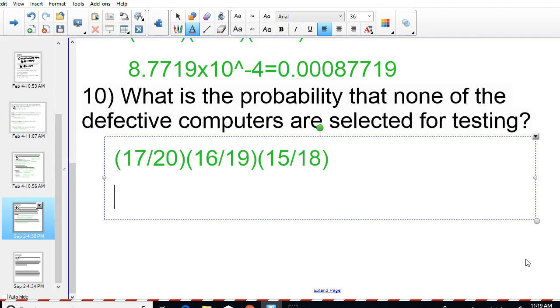So 17 out of 20 times 16 out of 19 times 15 out of 18 is going to give you 0.596. So you've got almost a 60% chance that you wouldn't catch any of them. If somehow you knew you had that many defective, you'd probably need to check more than 3 computers because you're not catching that many of them as they go through. Okay, questions?